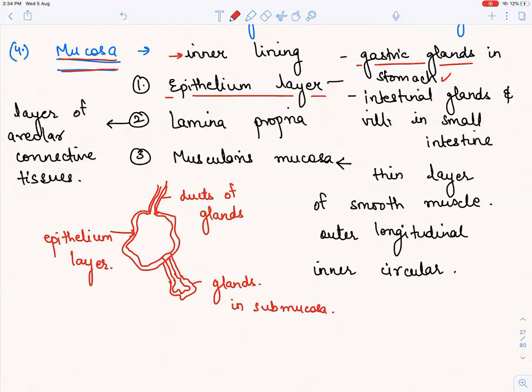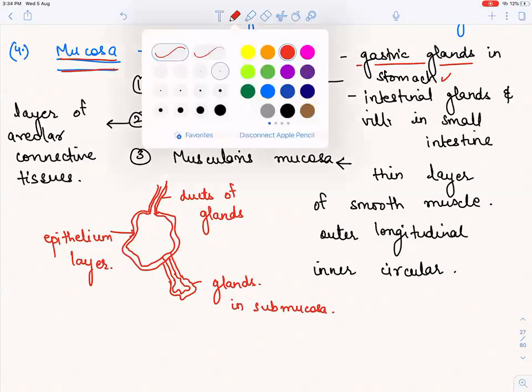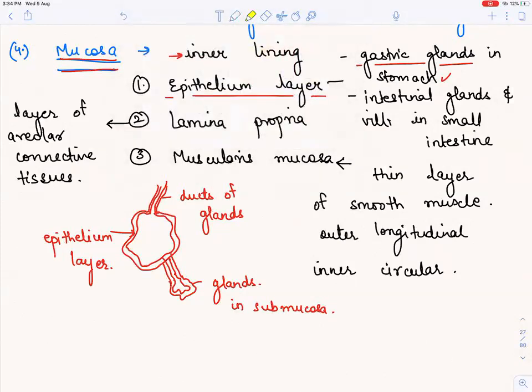So we were doing the epithelium layer, then came the lamina propria. If we see here, this is the epithelium layer. Outside it, there will be a lamina propria layer. So let us make this. Suppose this is that layer. This is lamina propria.